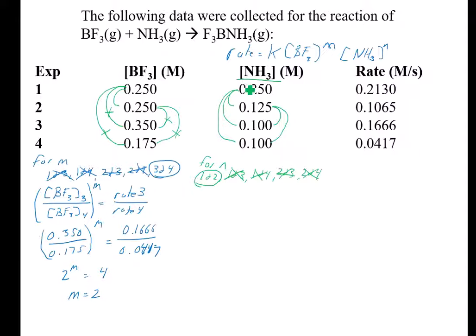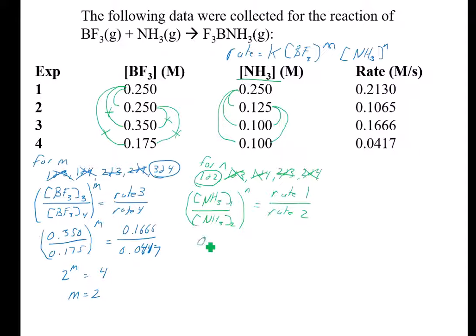Now I come back over here and look at 1 and 2. I want the highest concentration on top. So NH3 for experiment 1 over NH3 for experiment 2, to the N, is equal to the rate for experiment 1 over the rate for experiment 2. Now I start plugging in my numbers.